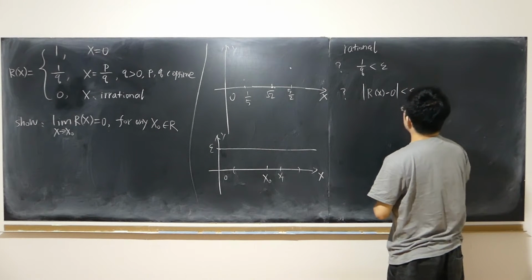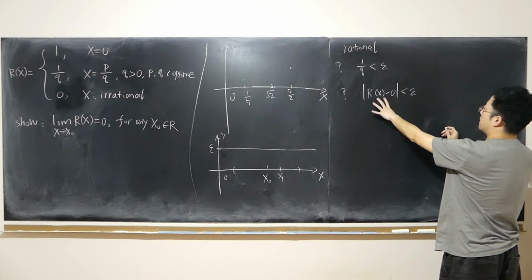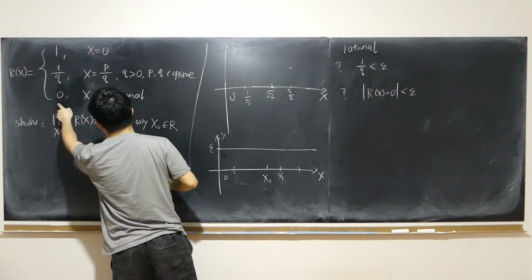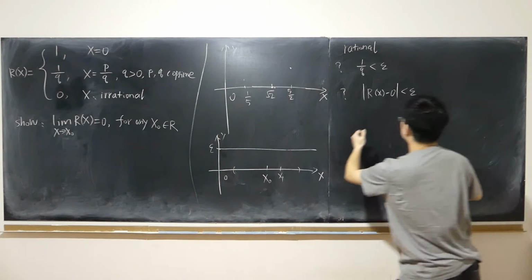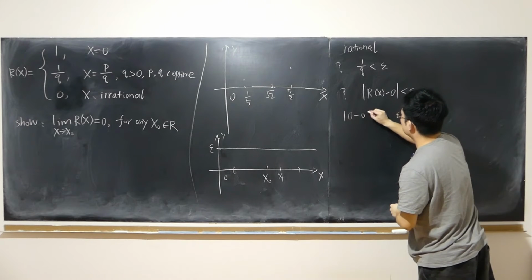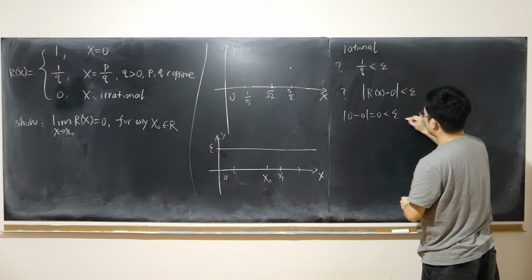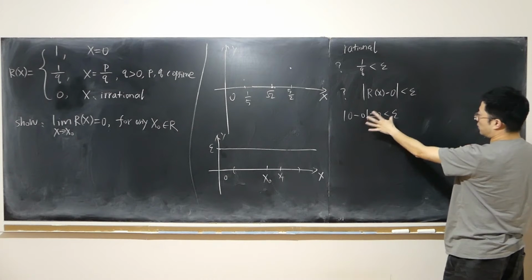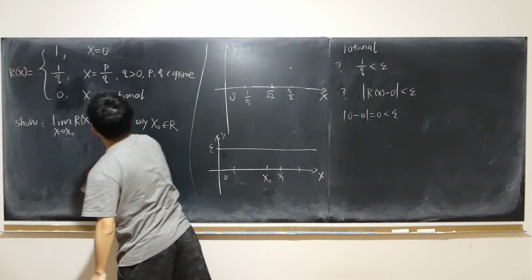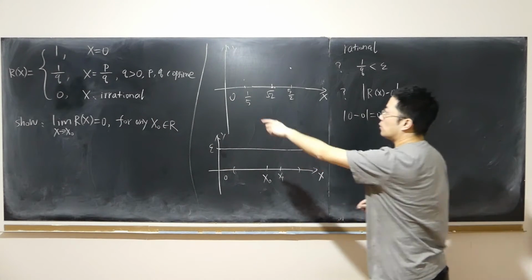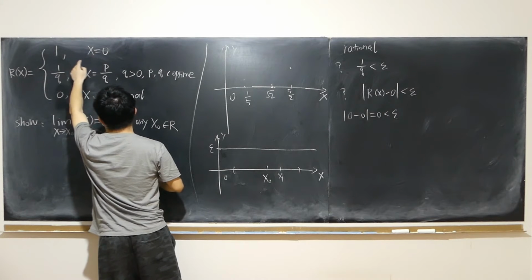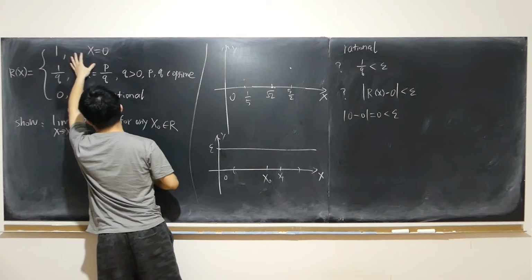For irrational, it's 0 minus 0, already small enough. The problem is when it's not 0, when it's 1 over q. Don't worry about the value 1 at 0. That's defined at a single point, so the limit has nothing to do with the functional value at a single point.